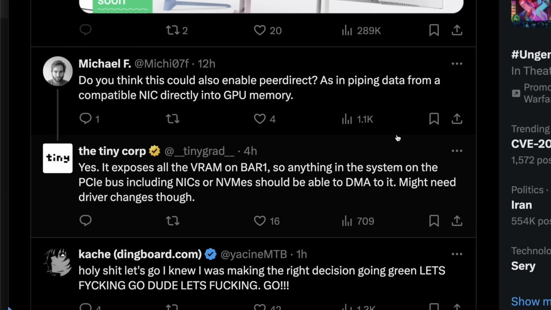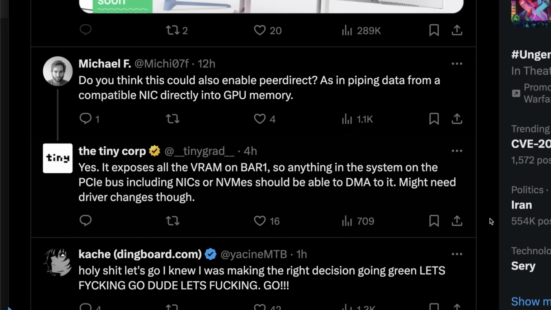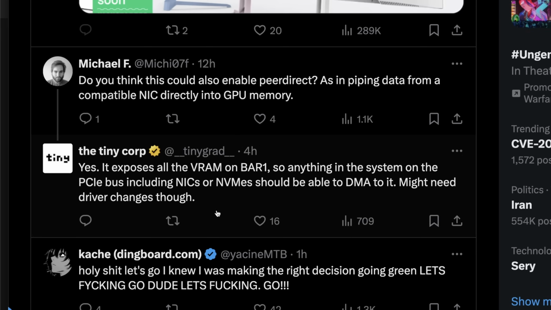This also means you can directly talk over, say, a 100 gig network bus to your GPU. Because it exposes all the VRAM on BAR 1, anything in the system, even on the PCIe bus, including NICs or NVMes, should also be able to DMA to it. So what's interesting is this is a quirk of the implementation of GPU Direct, and it's a question people have had for such a long time.